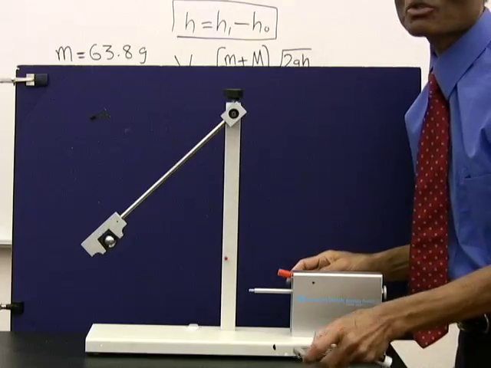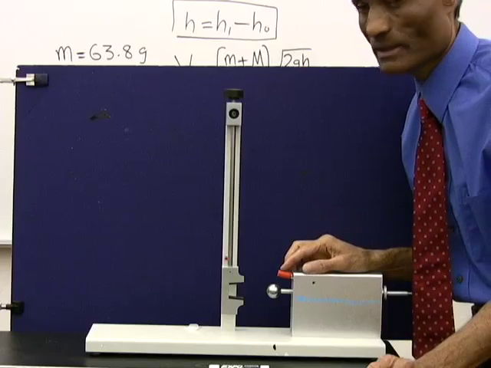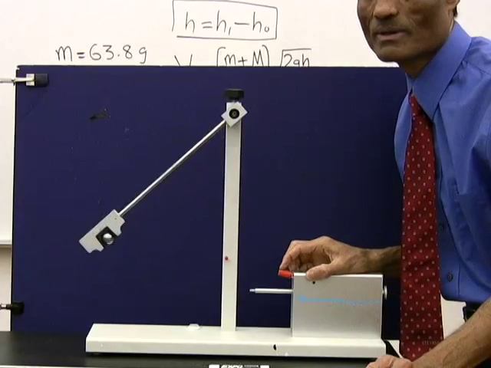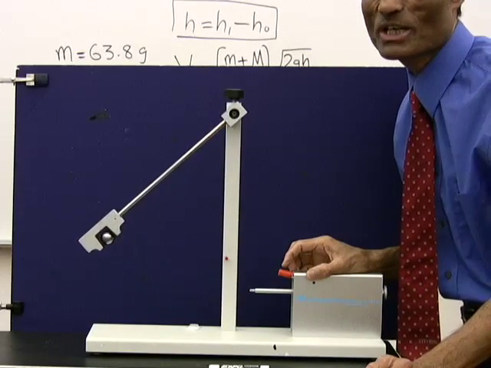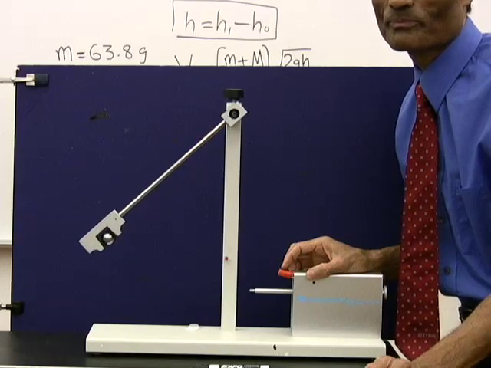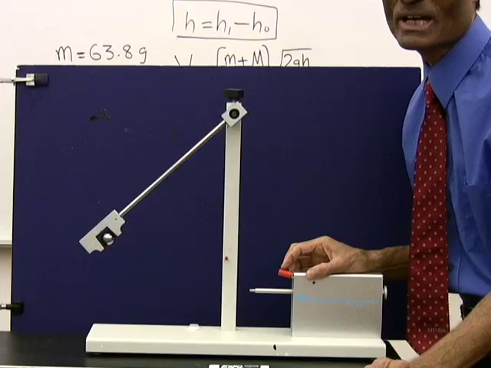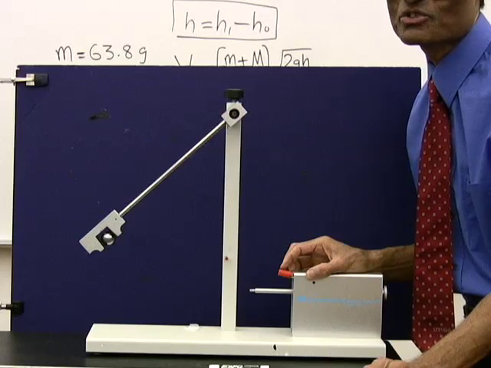That is your second trial. Ready for the third trial? Let's go. Measure the height h1 and calculate h equal to h1 minus h0.